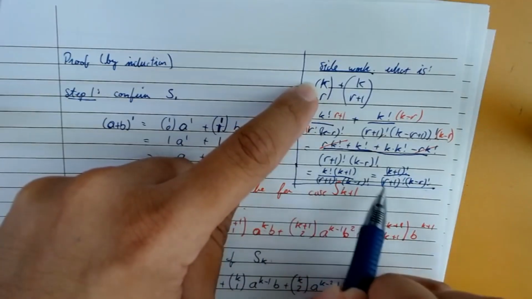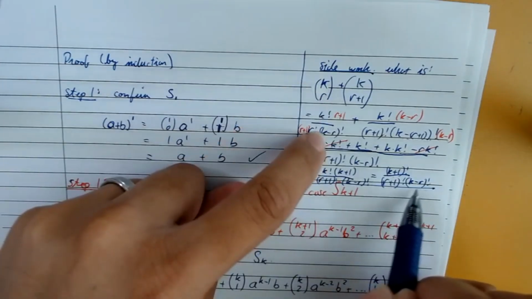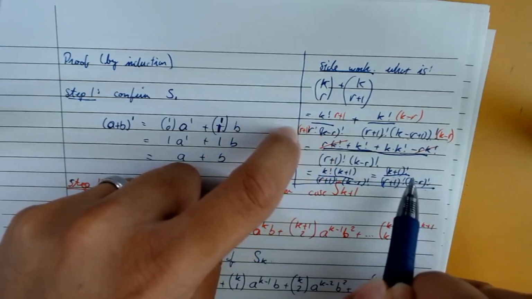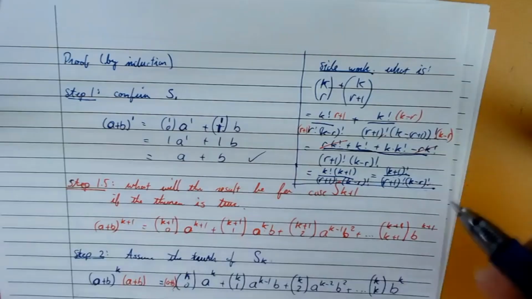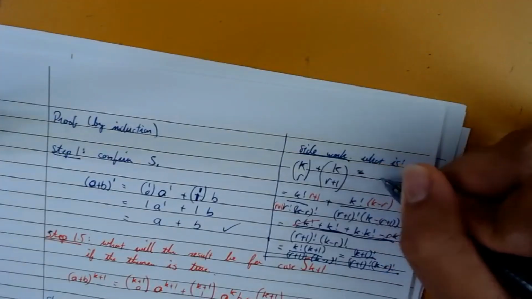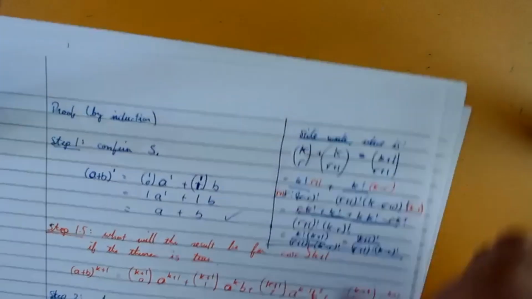That r became an r plus 1. And then here, since they both have a 1, when you subtract, the 1 cancels, and you're still left with k minus r factorial. So here, this is nothing more than k plus 1 instead of my k, and r plus 1 instead of my r. So this will equal k plus 1 choose r plus 1.